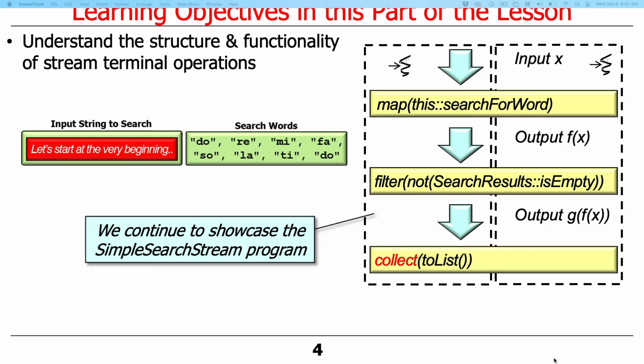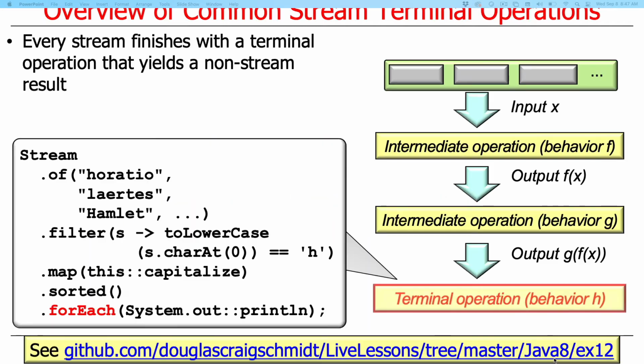We will continue to showcase our simple search stream program. That's the one that searches for keywords in the lyrics to the Do Re Mi song. So just to recap, every stream finishes with a terminal operation that yields a non-stream result.